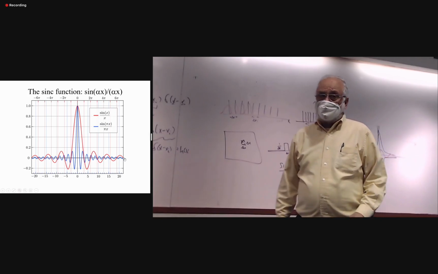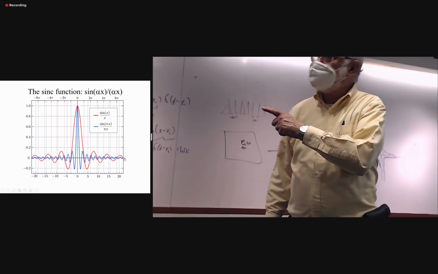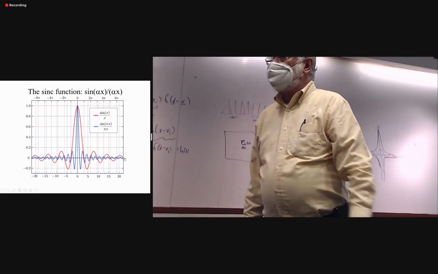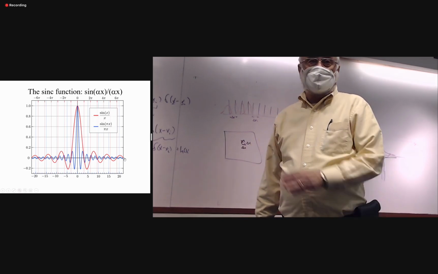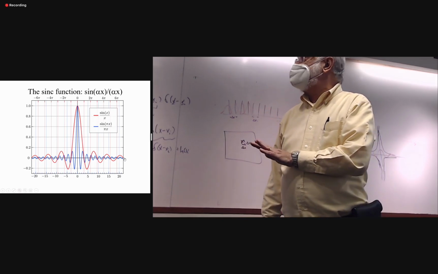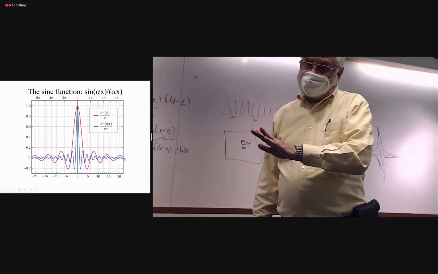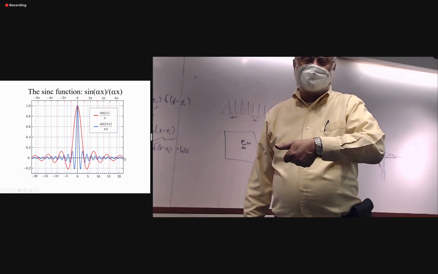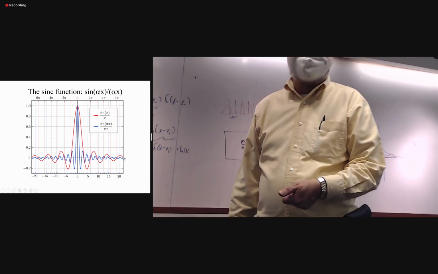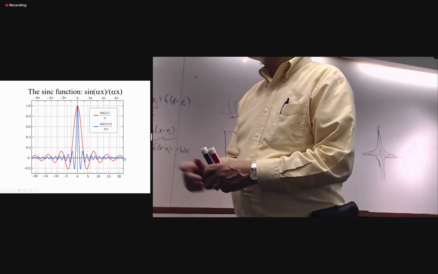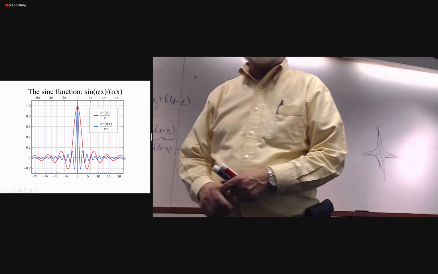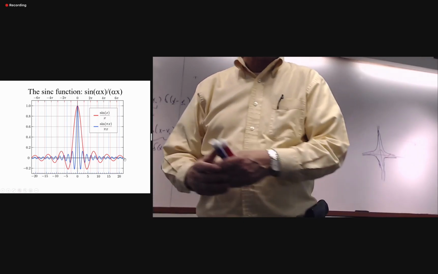And wow, notice how unfaithful this multiplication is. It takes positive weights and multiplies them by a negative weighting factor, right? The transfer function is negative at some frequencies and positive at other frequencies.